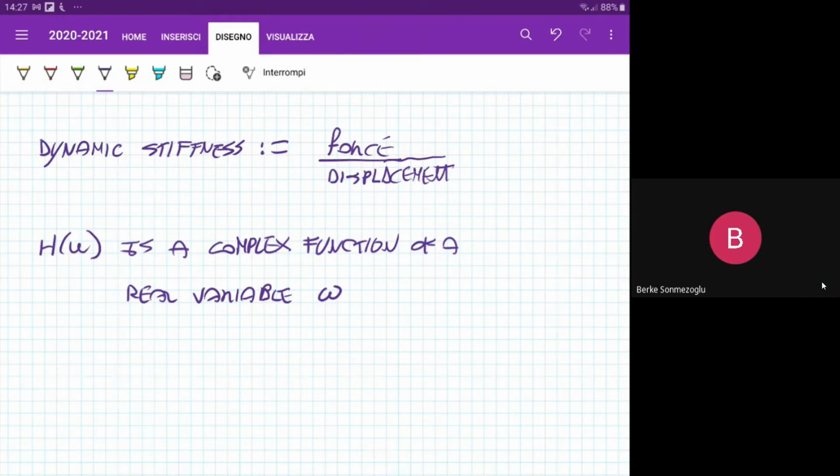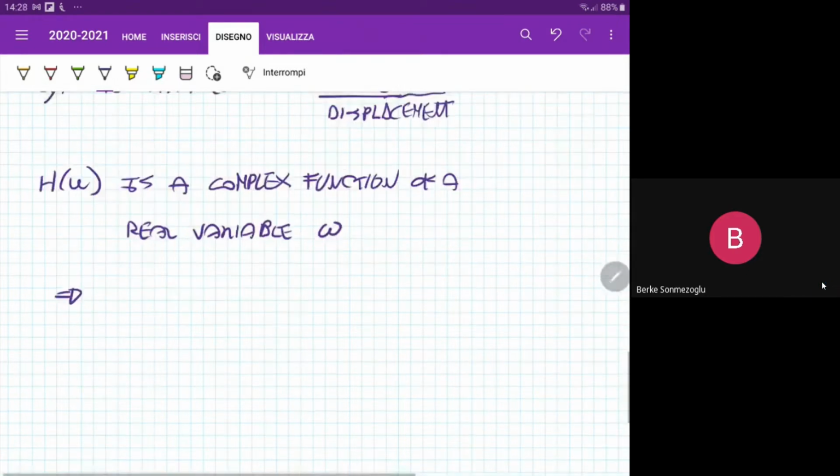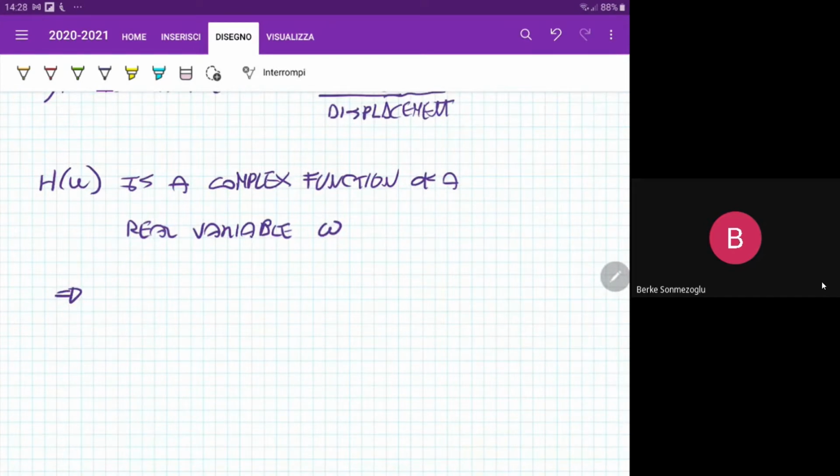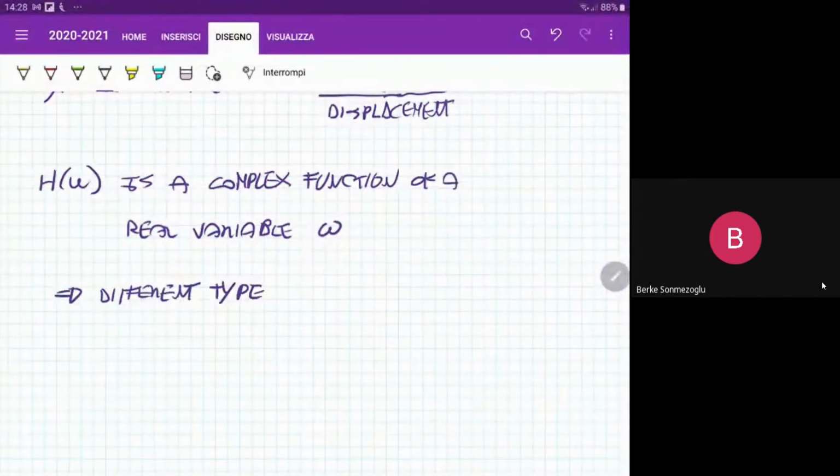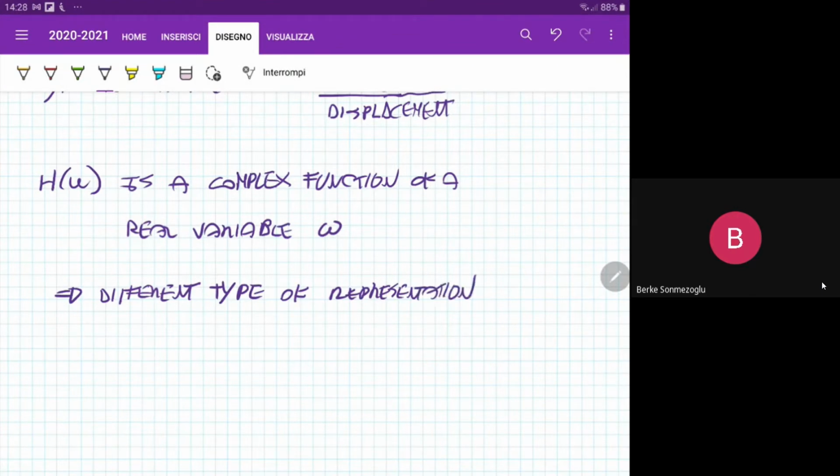Okay, that means that we have to consider different types of representation, or if you want, graphical representation or function analysis.